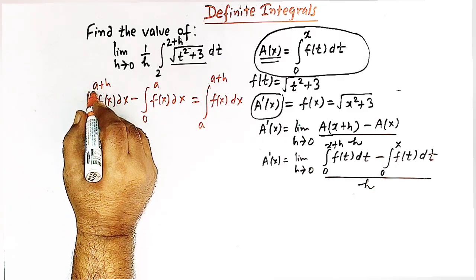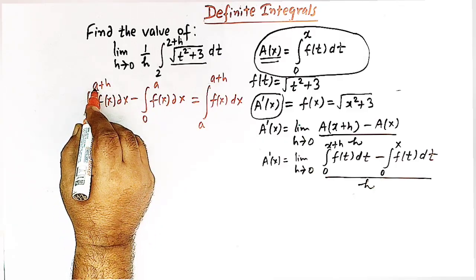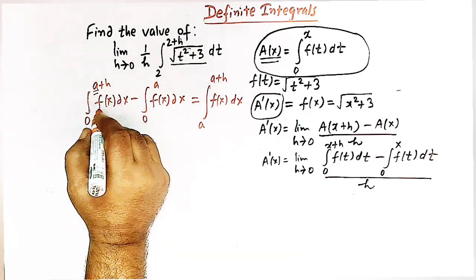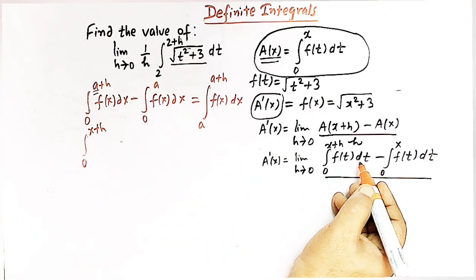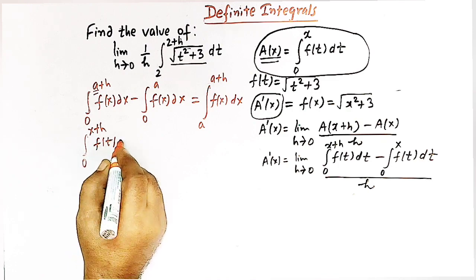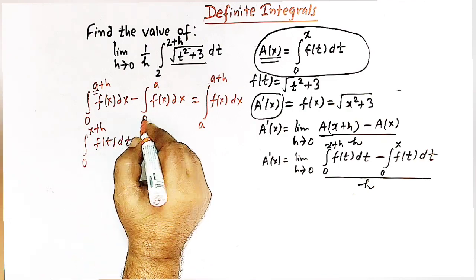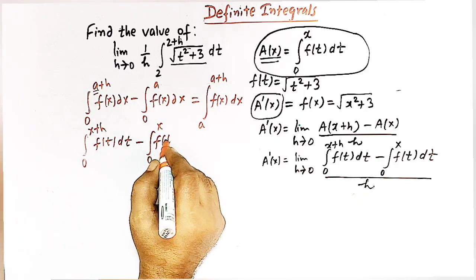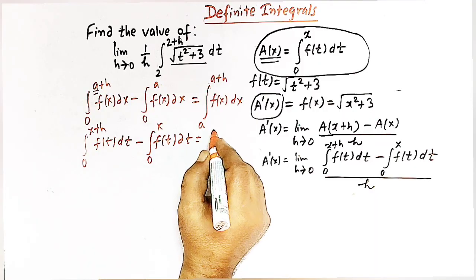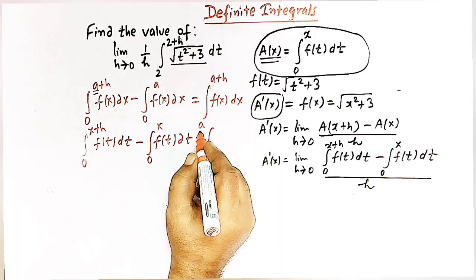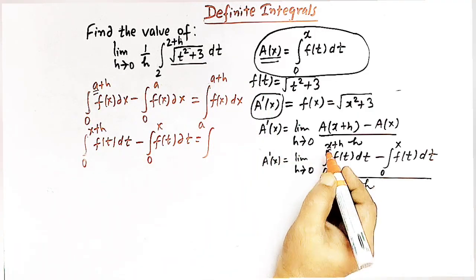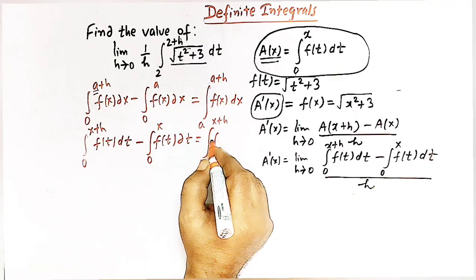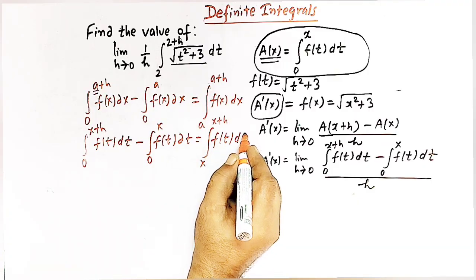If we replace this a by x, then we have 0 to x plus h of f of t dt, minus 0 to x of f of t dt, and here we have a to a plus h. Taking a as x, we have x to x plus h of f of t dt.